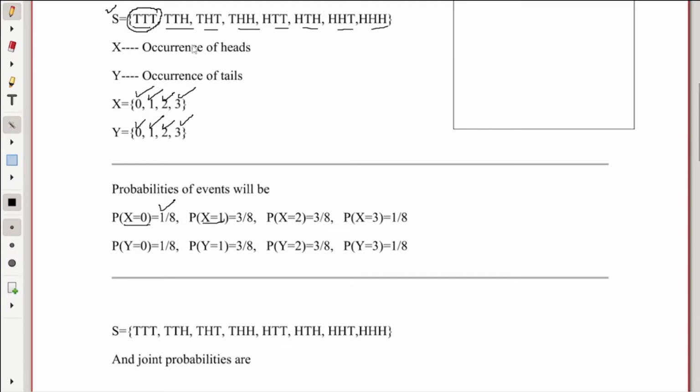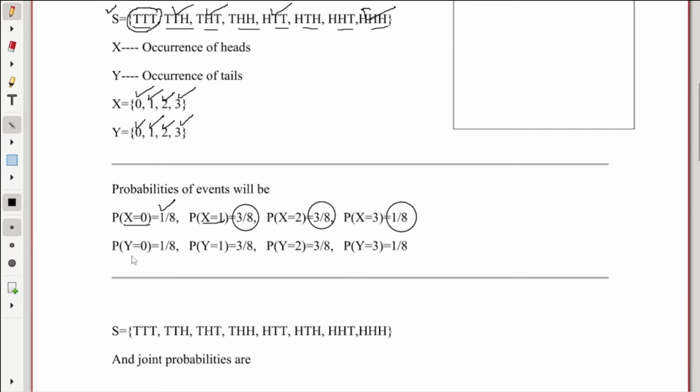For 1 head, there are 3 favorable cases, so probability is 3 upon 8. Also 2 heads is 3 upon 8, and all heads means X is equal to 3, probability is 1 upon 8 because there is only 1 favorable case.